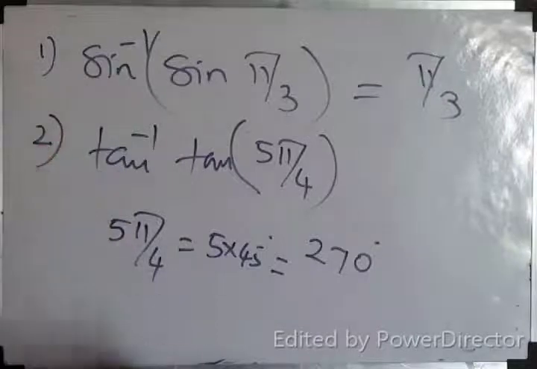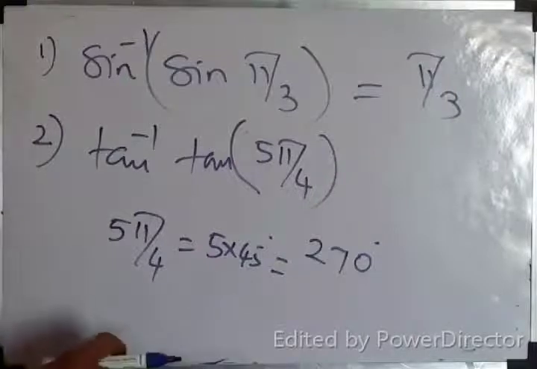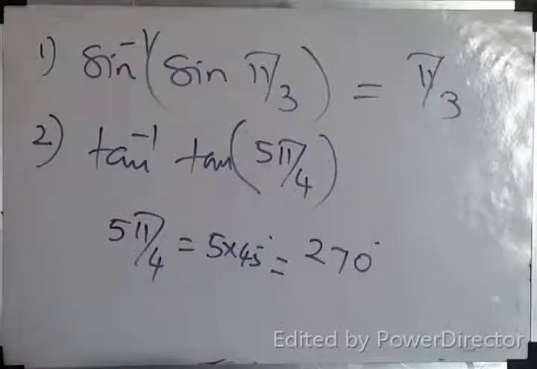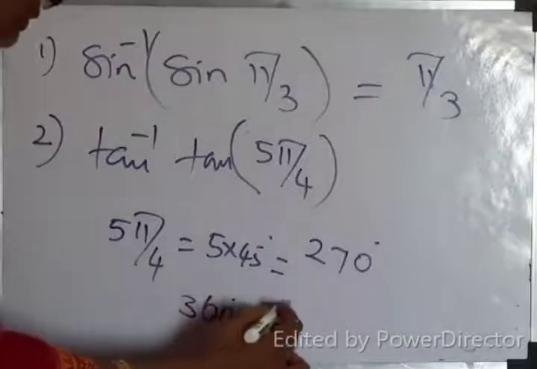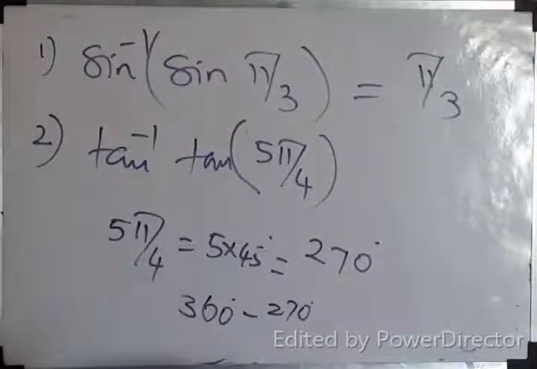I should bring it into the minus pi by 2 to pi by 2 range, isn't it? So what do I have to do?